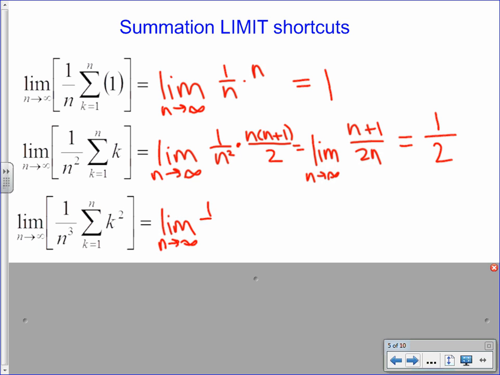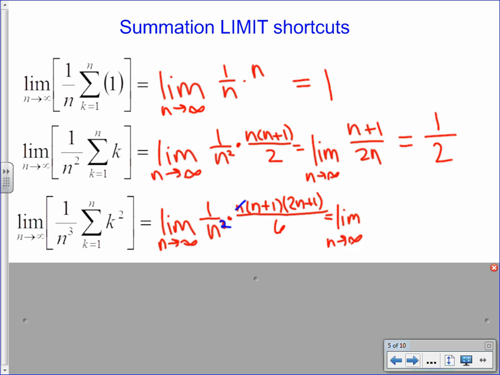Our next one. We have 1 over n cubed times, what's our shortcut for the sum from 1 to n of k squared? n times n plus 1 times 2n plus 1 over 6. Why 6? That's the rule. Proving that is not today. So, like we did before, we can cancel out this n with one of these.